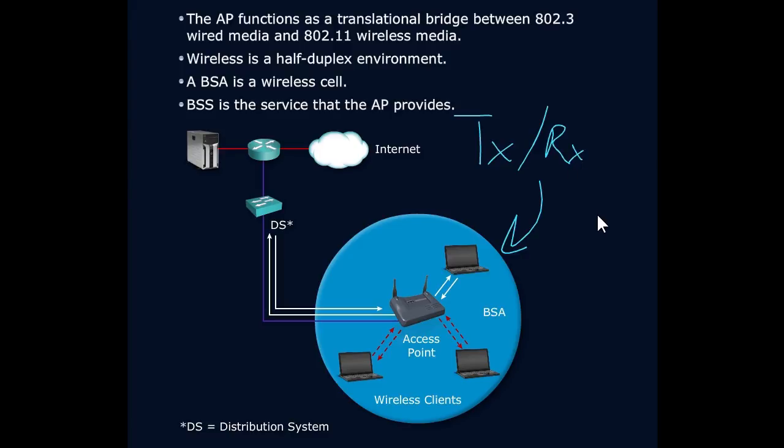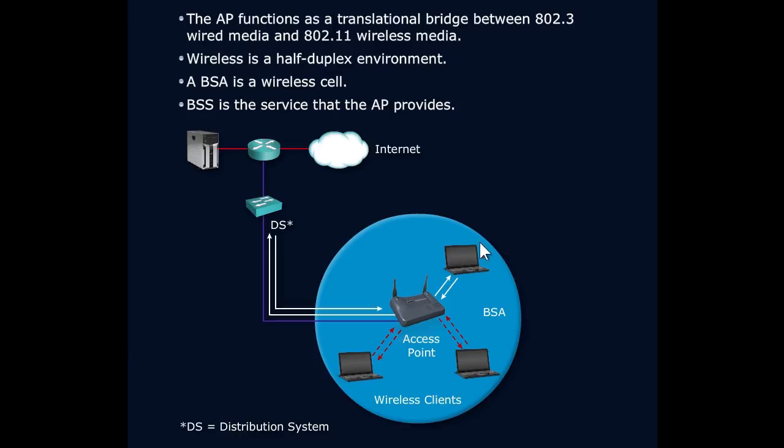Now, if you're familiar with the phrase sending and receiving, for wireless fundamentals we're going to focus more on transmitting or receiving. It means the same thing: transmit and receive versus send and receive. But again, the jargon of wireless really narrows it down to transmit and receive. It's the history of wireless technologies and what they're based on.